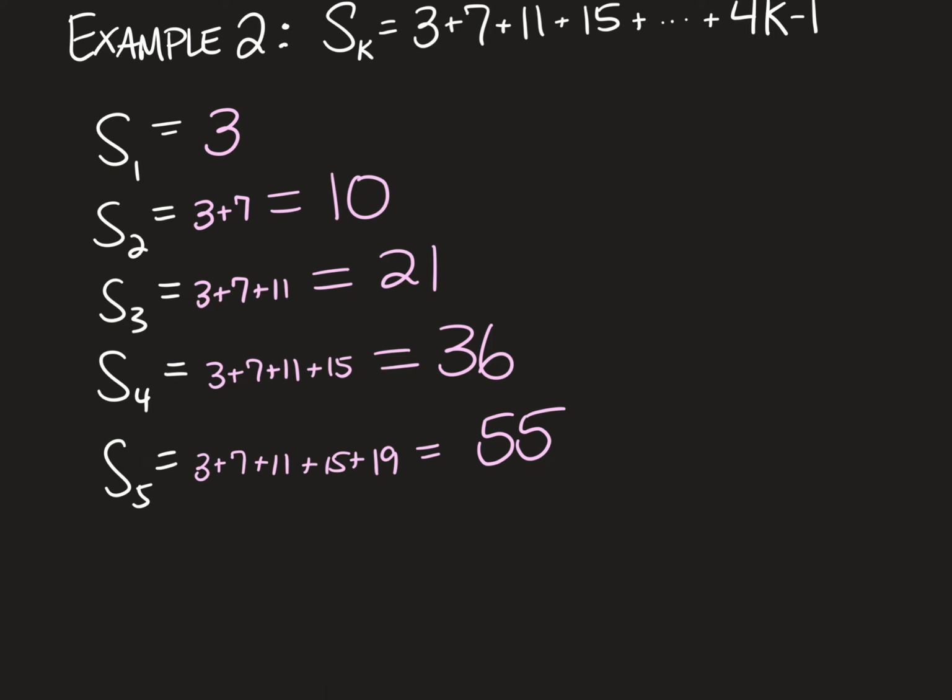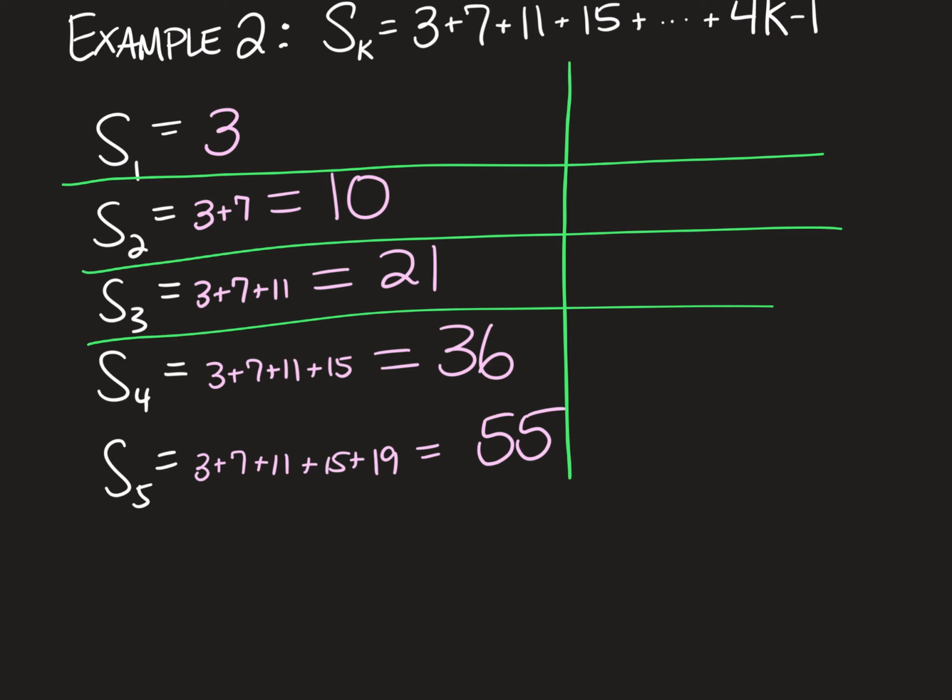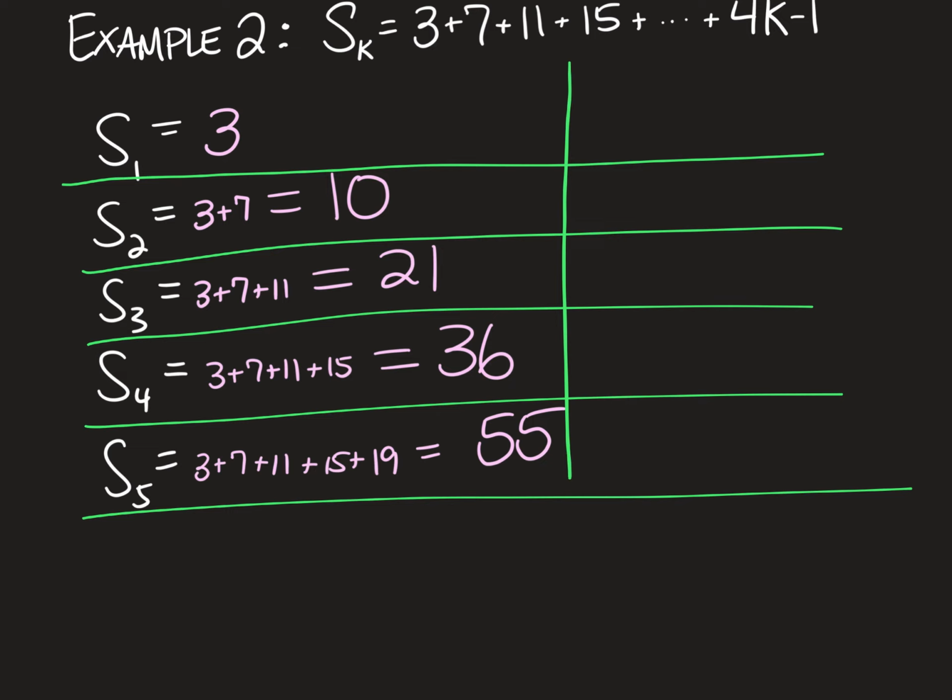All right, so how could I rewrite 3? I can rewrite 3 in a bunch of different ways. I can rewrite 3 as 3 times 1. I could rewrite 3 as 3 plus 1, or 3 plus 2. Okay, so let's think about that. We've got, let's try 1 plus 2. Okay, let's think about 10.